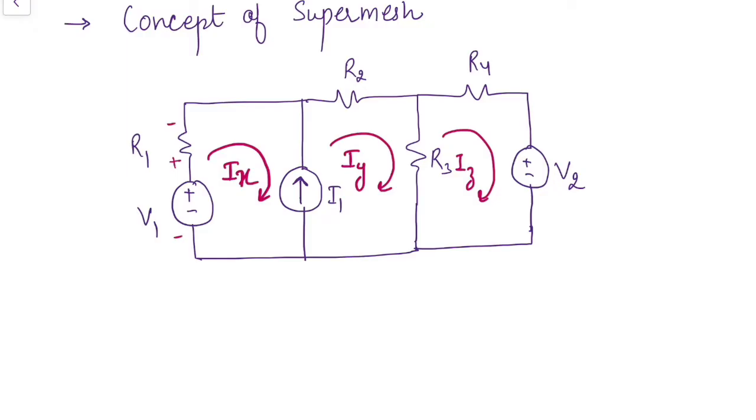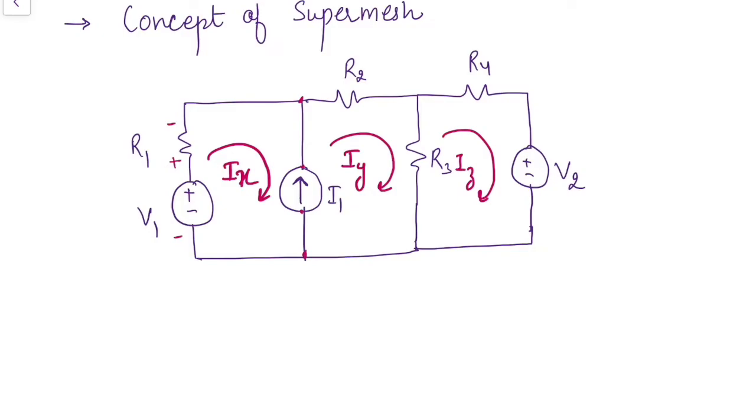We can write this drop. But when we come to this current source I1, we don't know what the voltage across this source is. So here the problem arises that we can't write the voltage drop across this source. So KVL is not applicable.